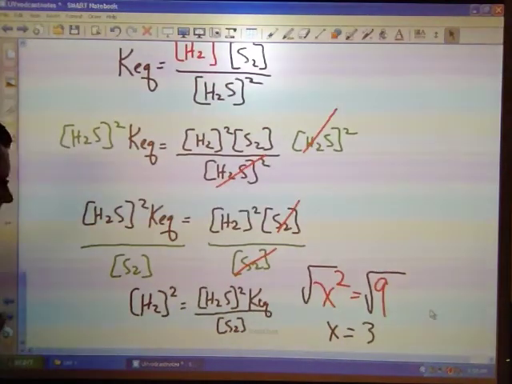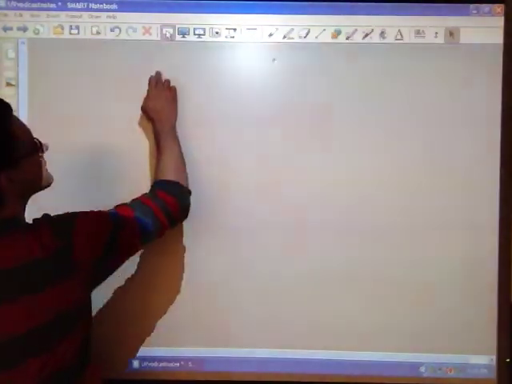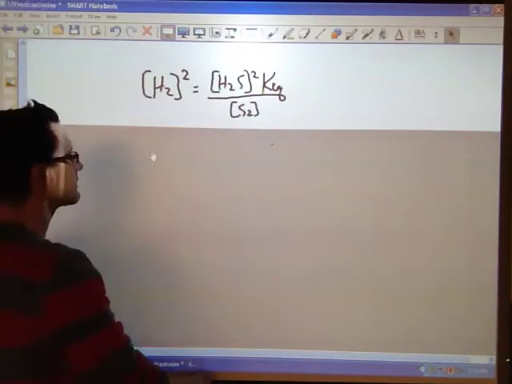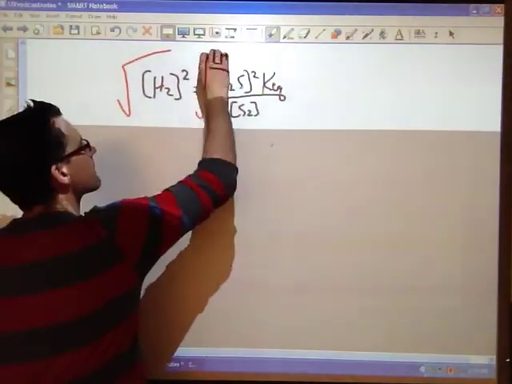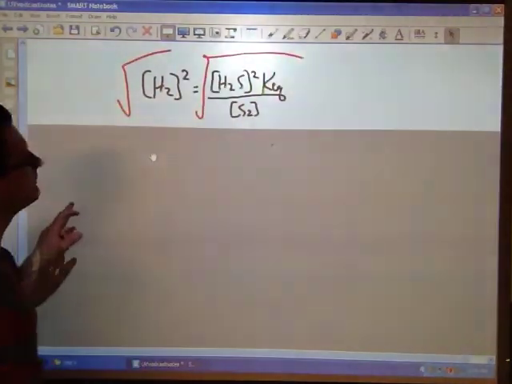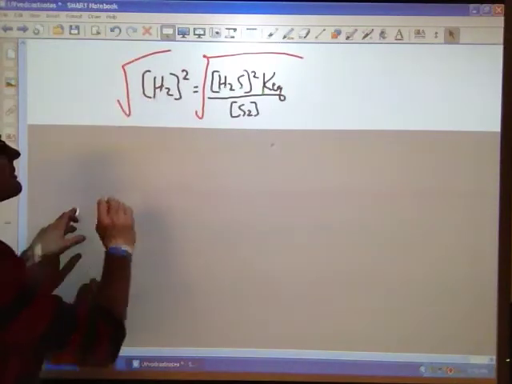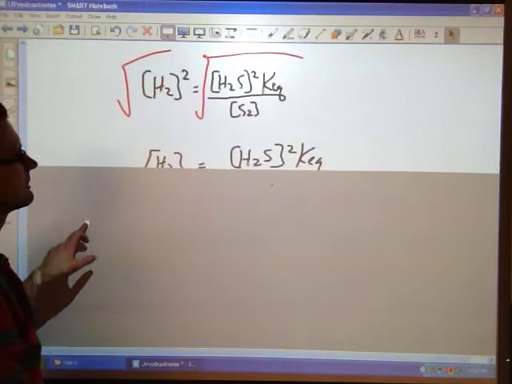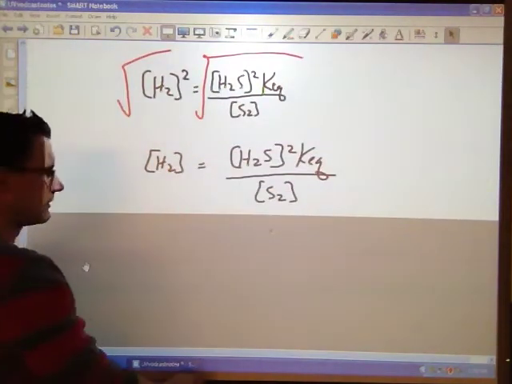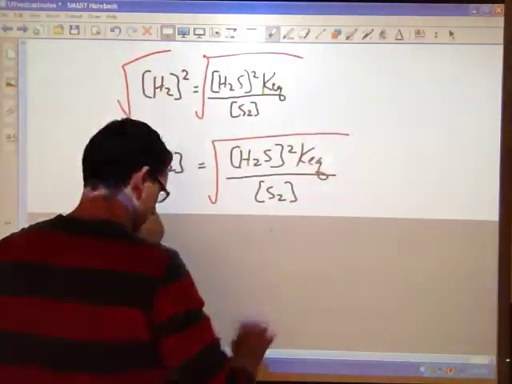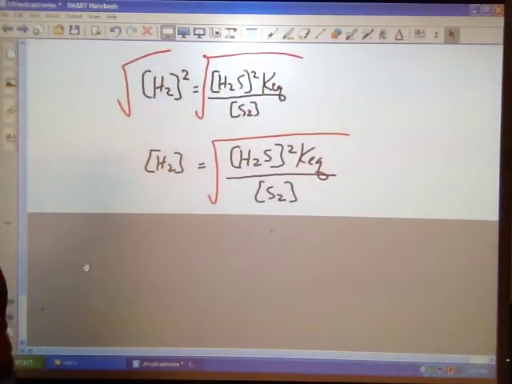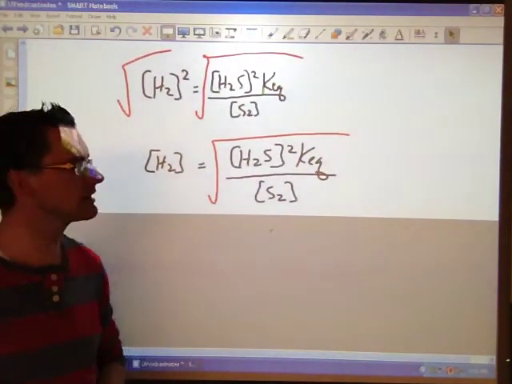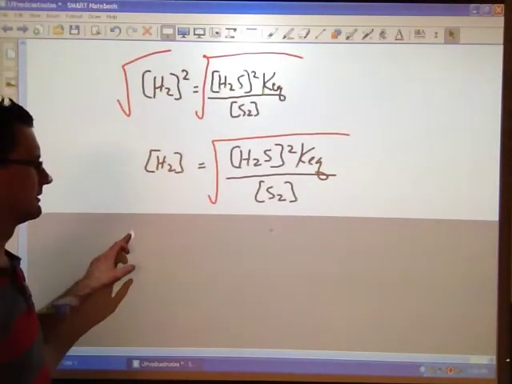I'll do the same thing with this equation. I take the square root of each side, and the square root of H2 squared is simply H2, and it equals that. So that's the tough part of this whole question, just getting that variable isolated.